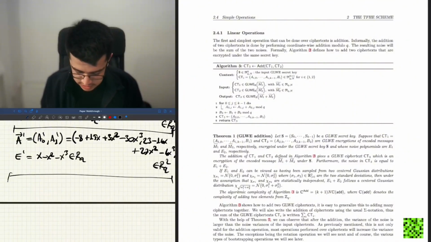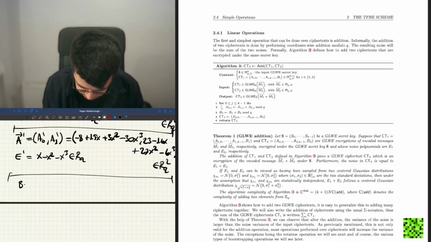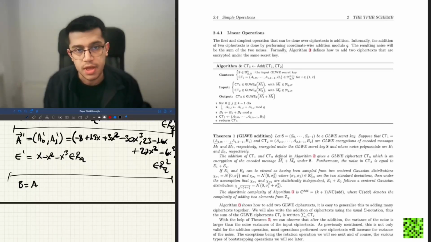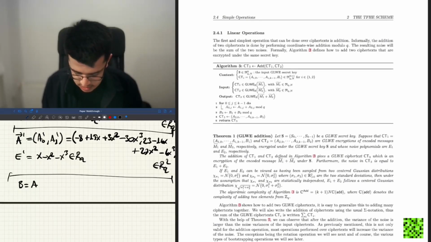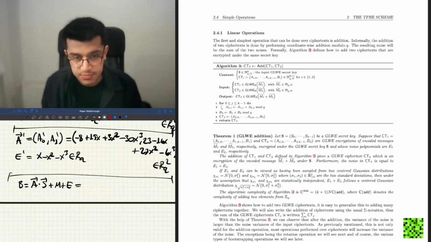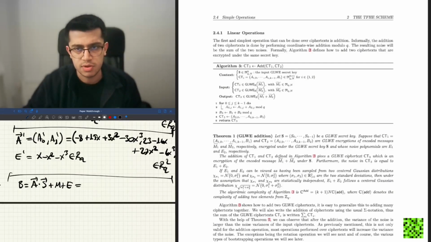Now we're gonna calculate the corresponding bodies. So let's say body is equal to a times s, this is a dot product, plus m plus e, and start calculating it. I mean, obviously I'm not gonna calculate one by one because of the moduli. It would take quite long, so that's why it's always good to have some pre-prepared notes.